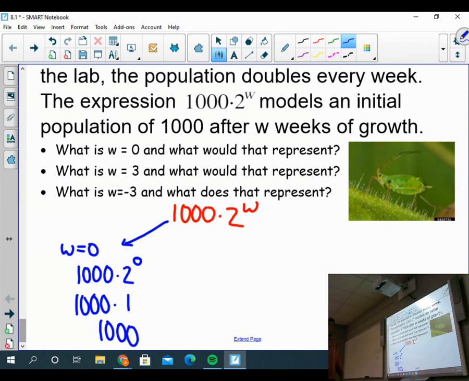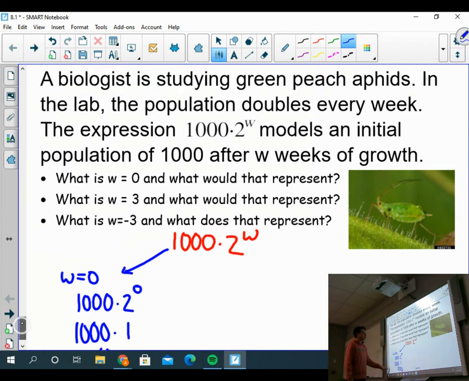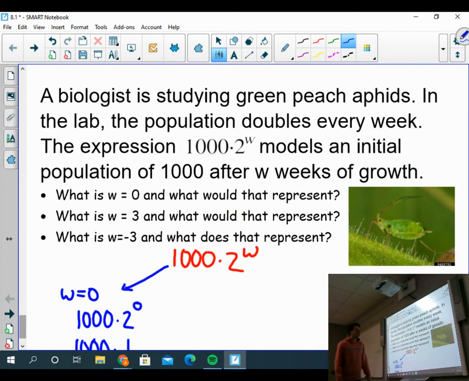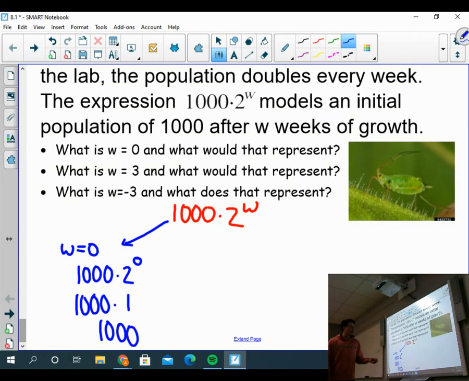And again, let's interpret our answer. What does that represent? Well, if this expression is helping model the population doubling every week, then our result, if w is the amount of weeks that have passed, is that 1,000 is our population. And this should make sense, right?